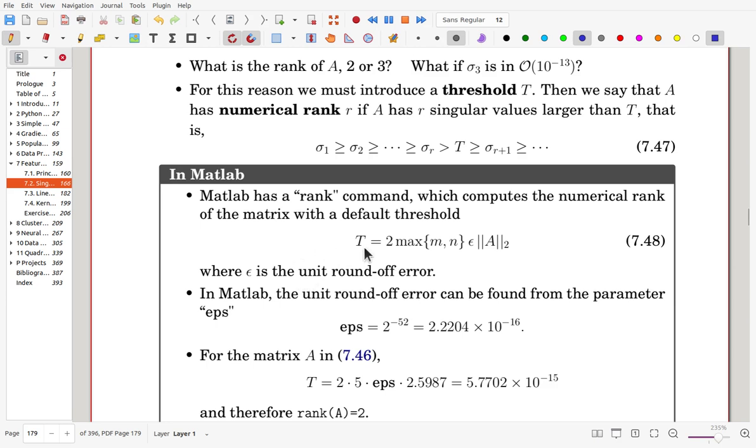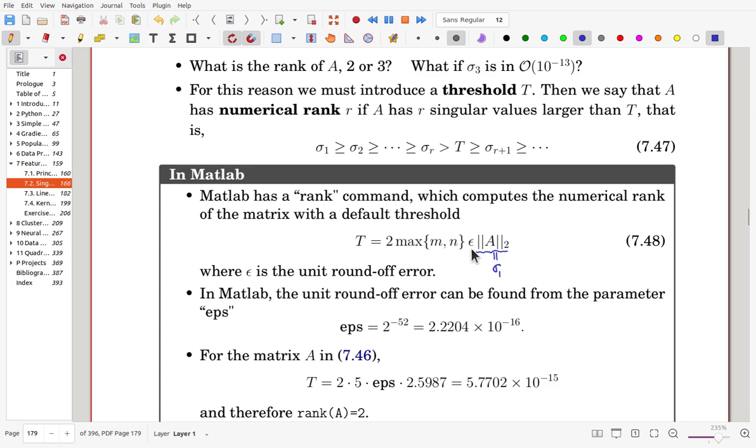In MATLAB, the rank command decides along with the threshold in this way: 2 times the maximum of m and n, which are the dimensions of the matrix, times epsilon, the unit round-off error, times the 2-norm of A. We already know that the 2-norm is the same as the largest singular value, sigma 1.